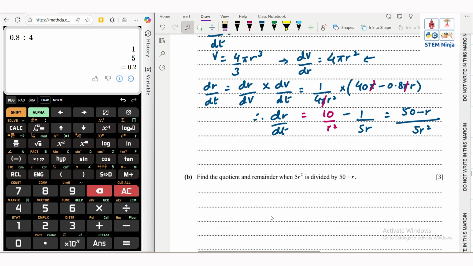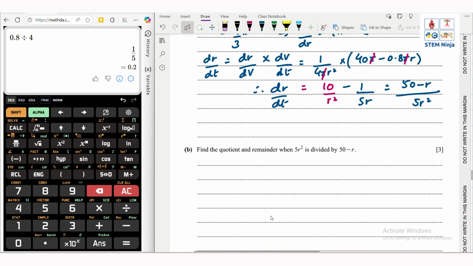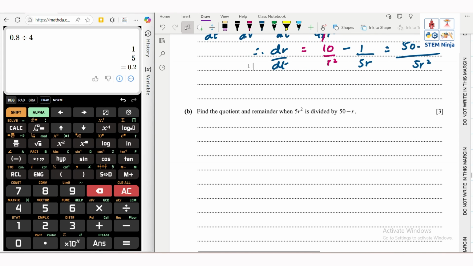Simple chain rule. Find the quotient and the remainder when 50r squared is divided by 50 minus r. So we can use the long division over here. So 5r squared, 50 minus r. If we look at this, we need to multiply with this minus 5r.